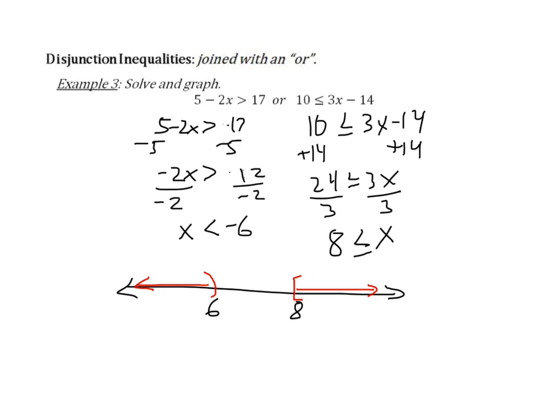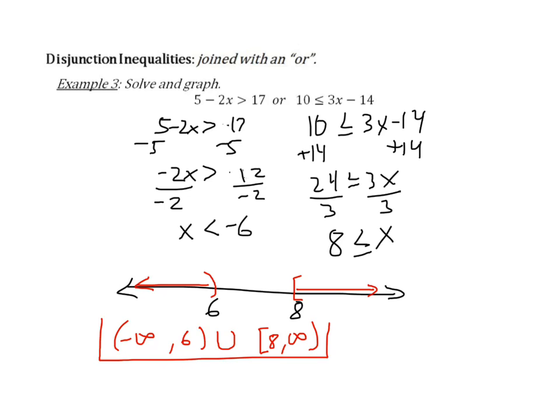These don't overlap, but we're not looking for the overlap. This is an OR. An OR kind of glues these together. So that's our graph. We can describe this as going from negative infinity to negative 6. And this is going from 8 to positive infinity. And we glue it together with a union. So that U symbol there is a union symbol.